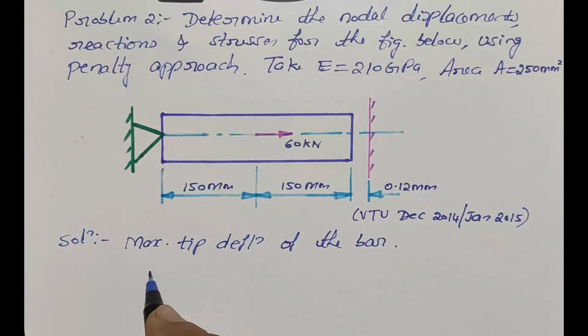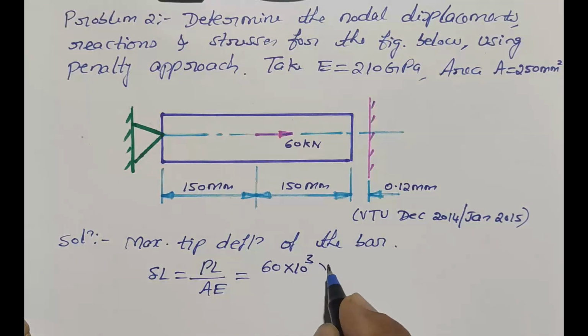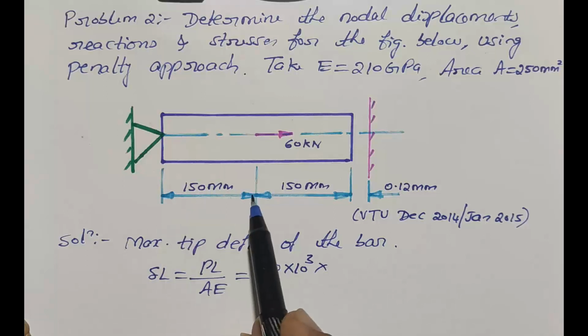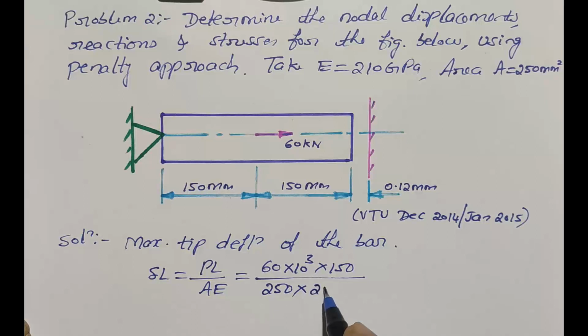We know the formula. Delta L is equal to PL by AE. P is 60 kN, 60 into 10 power 3. The length is 150 mm divided by area 250 mm square into Young's modulus. It is 210 gigapascal into 10 power 3.